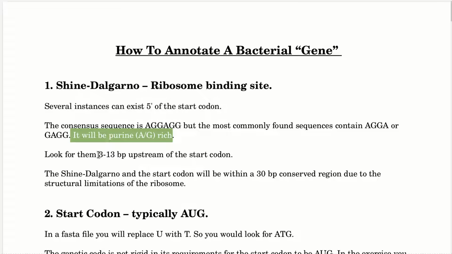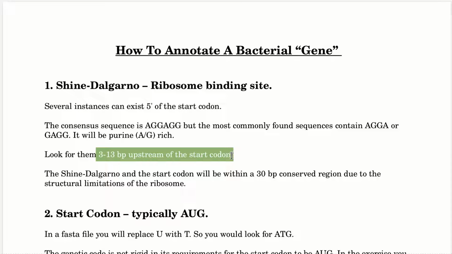And here's the location. So we know this very well. I think I'm going to show you one where actually this runs into an AUG. In other words, I think the A from a start codon is actually part of the Shine-Dalgarno sequence.